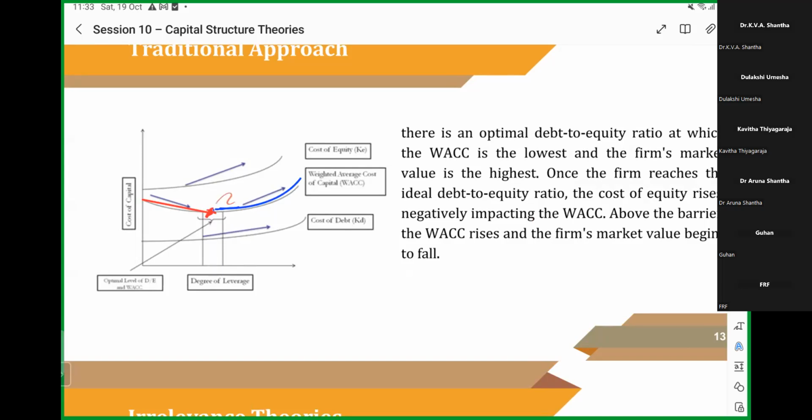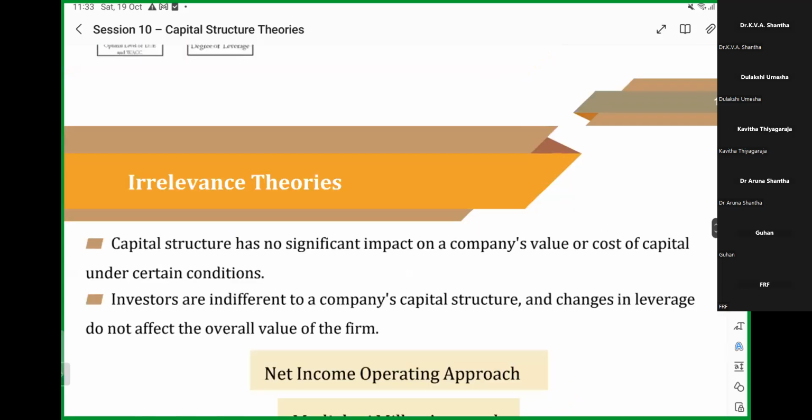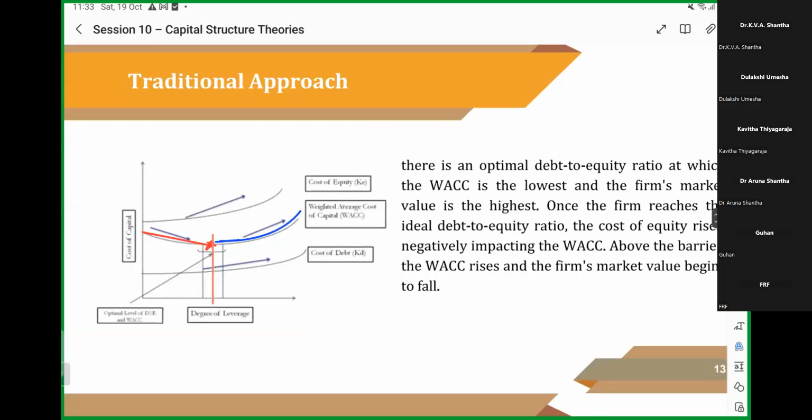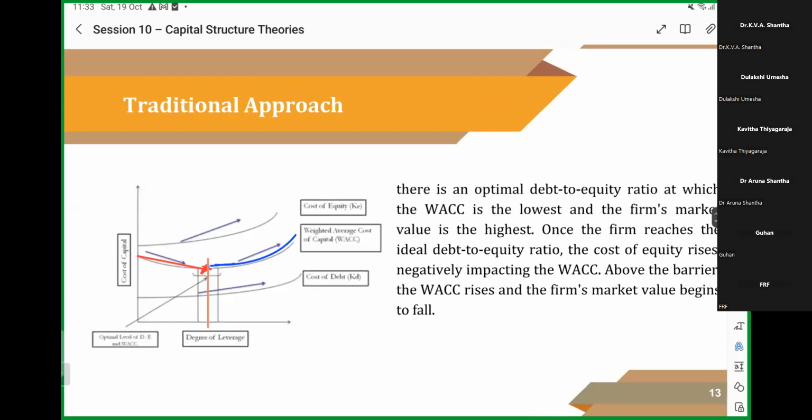At this leverage level, the firm value will be maximum. So according to the traditional approach, there's an optimum capital structure: at a particular leverage level, the weighted average cost of capital would be minimum and firm value would be maximum.